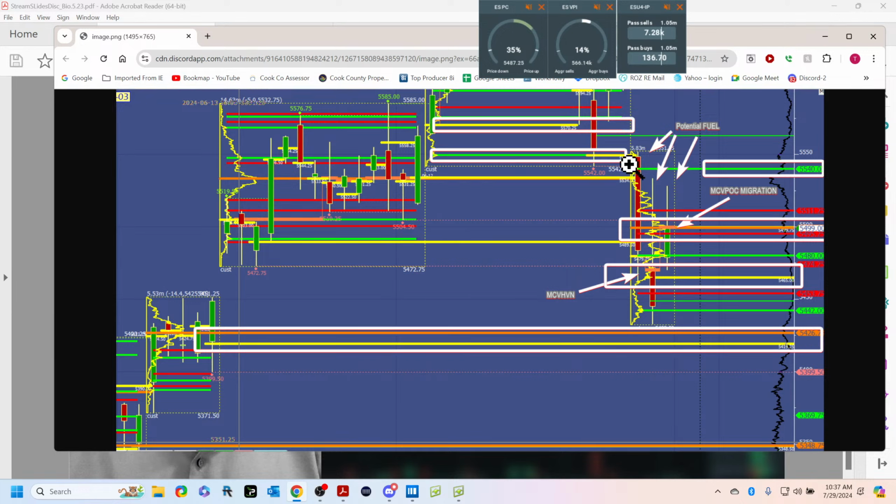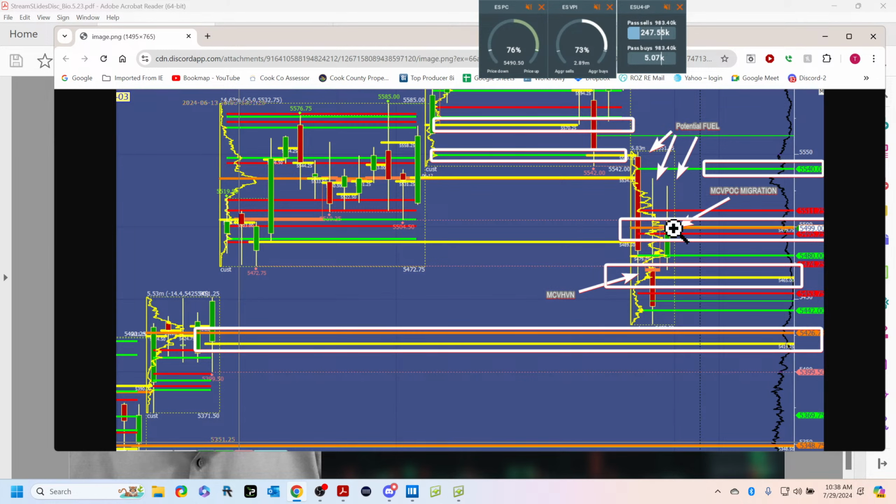These targets are on the map before these, so these levels are on the price map before this gets here. We tested this, we sold off, too high. We came under here, too high. Where are our stops above these swings? Too high. Fuel. I call this fuel. In other words, buy stops.